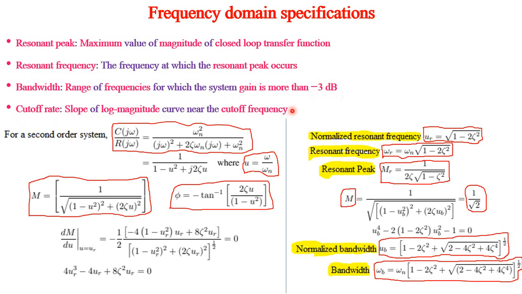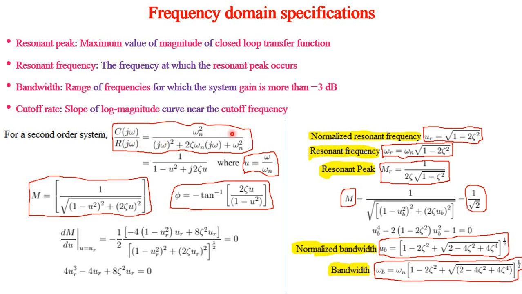Let us see how to obtain the frequency domain specifications. For a second order system, we know C(s)/R(s) equals omega n square by s square plus 2 zeta omega n s plus omega n square in S domain. In frequency domain analysis, whenever we want to do analysis, we have to put s equal to j omega, because when you put s equal to j omega, that means we are doing sinusoidal frequency response analysis.